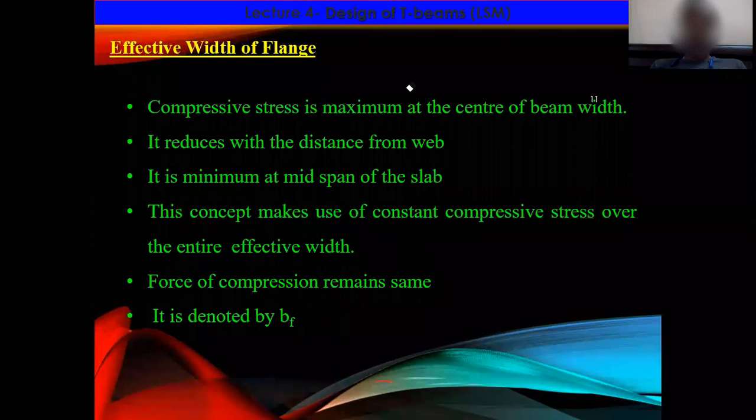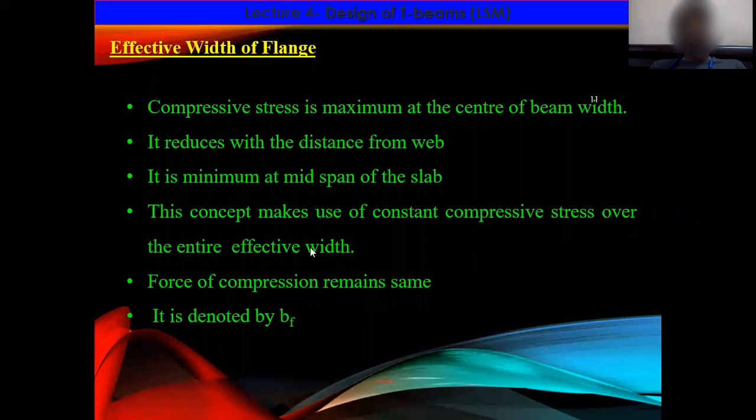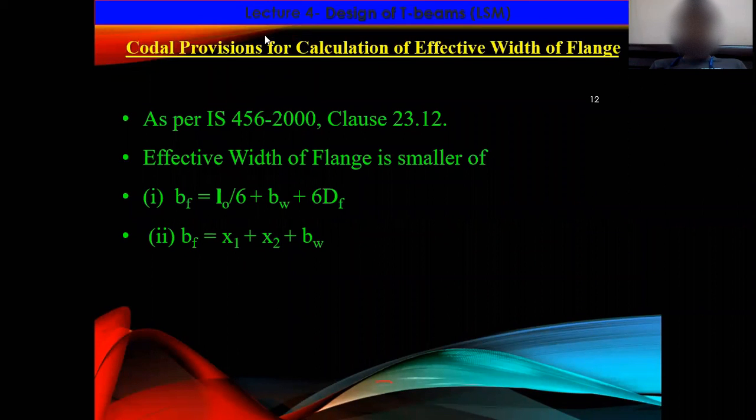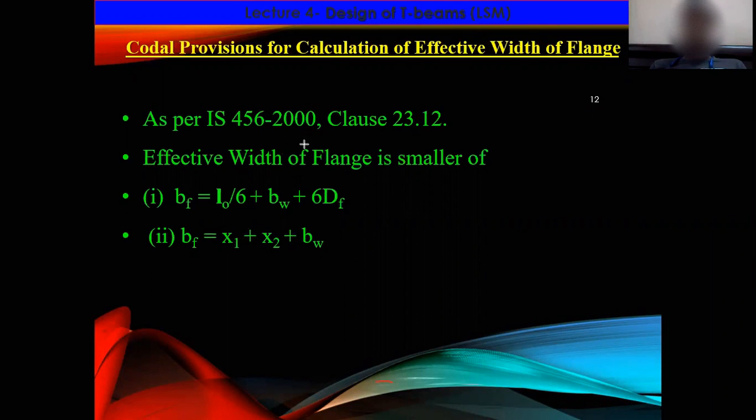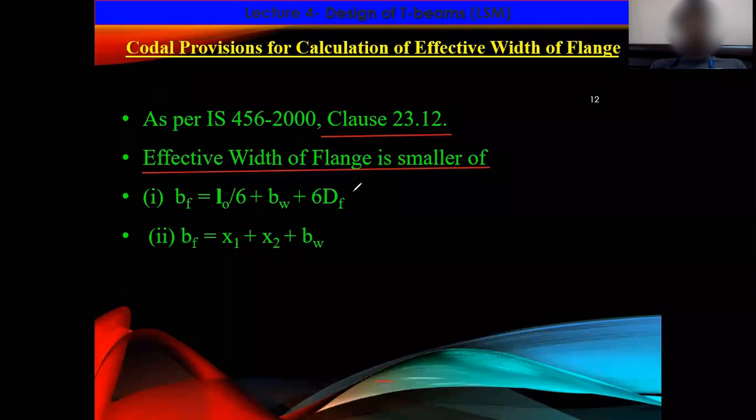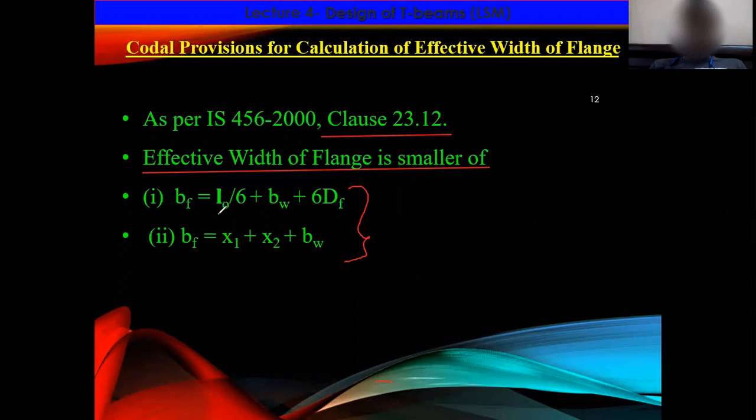Then how to determine this effective width of the T beam? So as per IS 456:2000, clause number 23.1.2, the effective width of the flange is the smaller of these two values: L naught by 6 plus bw plus 6 into Df, and bf plus x1 plus x2 plus bw.